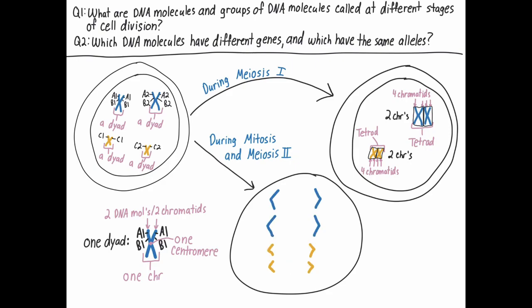Because they're no longer attached at the centromere, each of these sister chromatids is considered a chromosome. So we now have 8 chromosomes instead of 4. So the number of chromosomes in a cell actually increases when this occurs, even though the number of DNA molecules, in this example 8, stays the same.